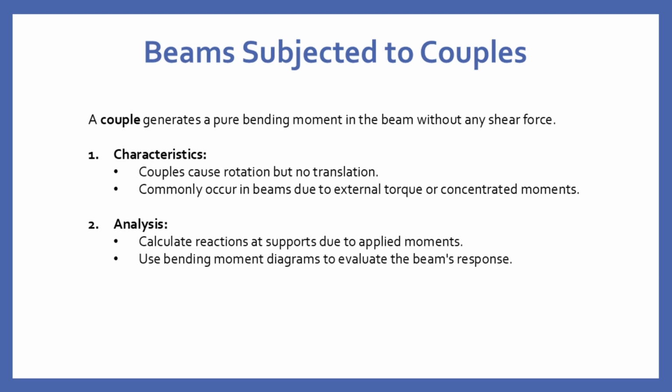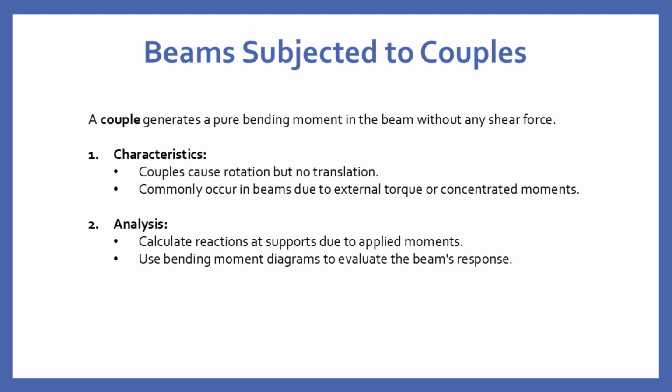Let's explore the effect of couples on beam behavior. A couple is a type of load that creates pure rotation without translation, similar to twisting the cap of a water bottle. In beams, couples generate pure bending moments without shear forces, causing the beam to curve without sliding. When analyzing such beams, we calculate the support reactions due to the applied moments.